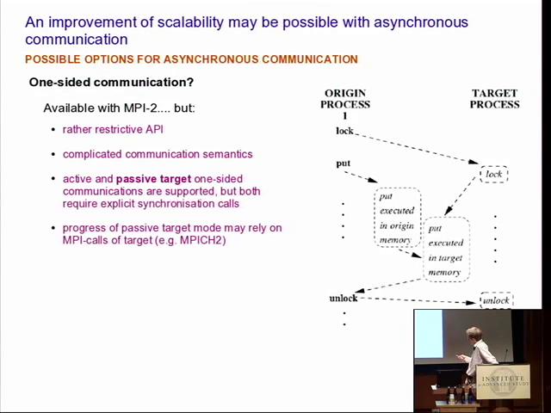But there are now in the MPI-2 standard also other ways to do it. For example, one-sided communication. Here the idea is that only one of the sides initiates the communication call, and the other side doesn't even have to call a function. And that way, you might think you can get rid of this synchronous point in the middle.